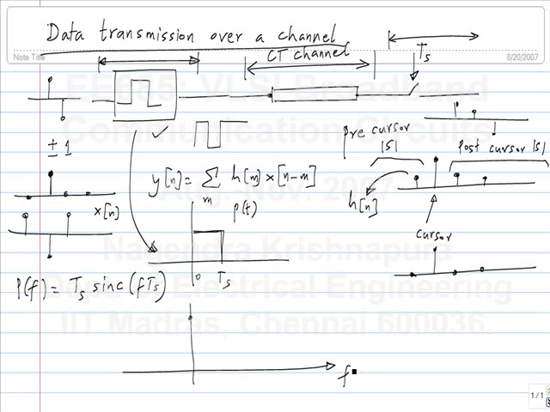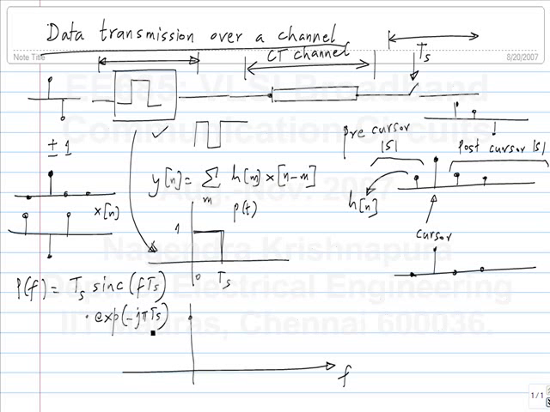At 0 it will be the area, so if you assume this is 1, it is 1. There's a phase term, minus j pi Ts, so j 2 pi times Ts by 2. It has some phase as well because it is delayed with respect to time equal to 0.